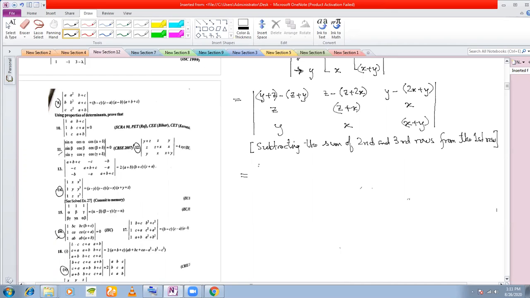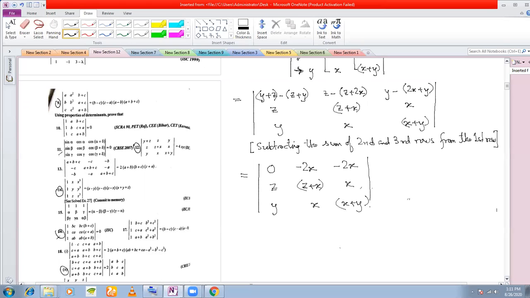Here clearly you get a 0. Here z and z cancel, you simply get a minus 2x. Here also you get minus 2x. And here you get z, z plus x, x, y, x, x plus y.